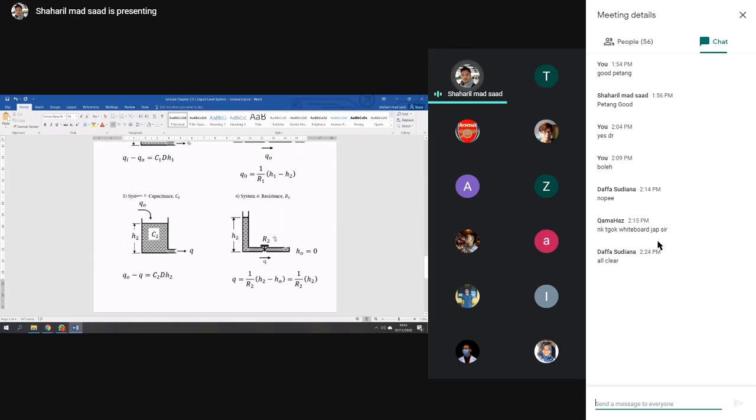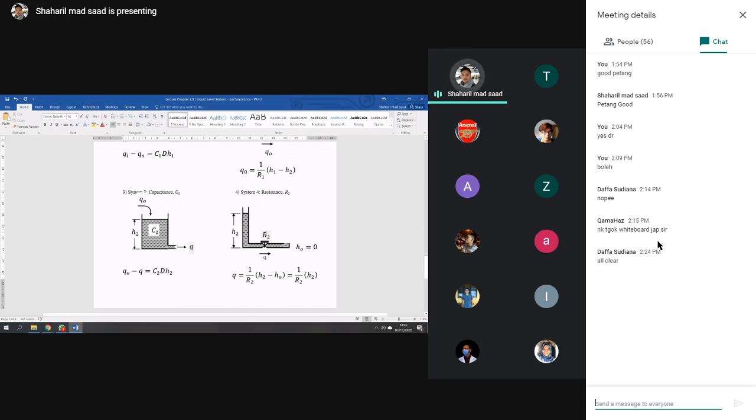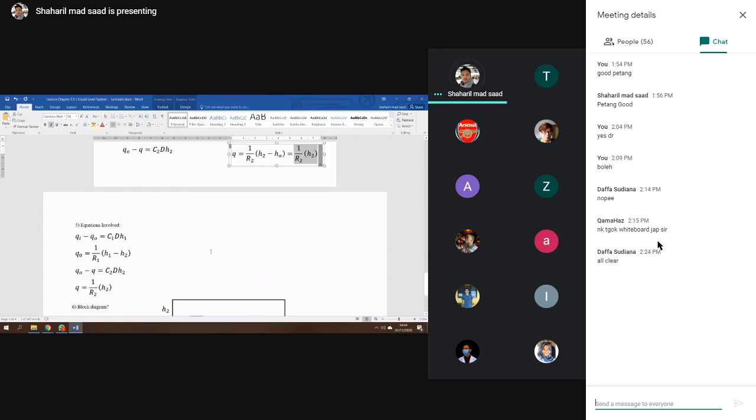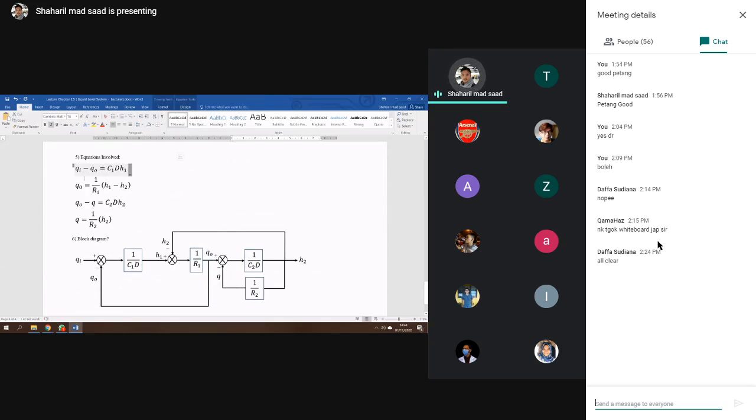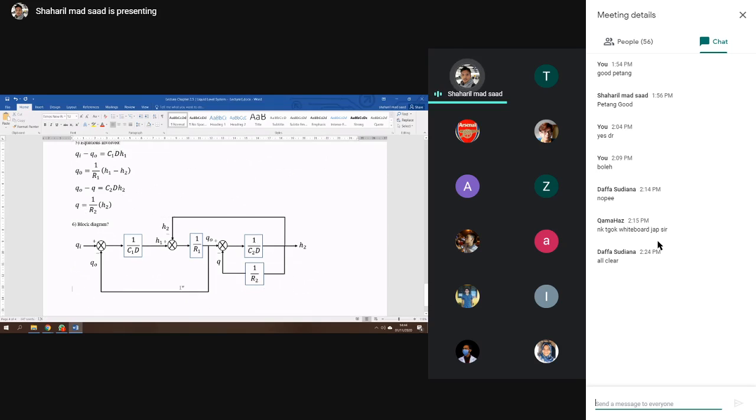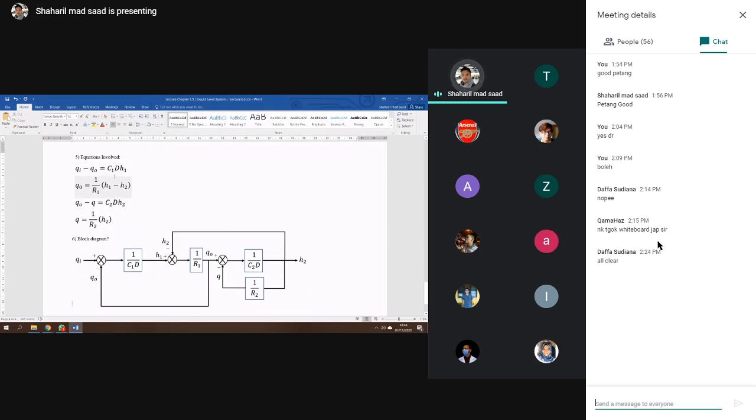So for the resistance R2, the flow rate going through R2 is Q, so Q equals 1 over R2 times H2 minus H0, and since H0 is 0, you have only 1 over R2 times H2. Okay, this is all the equations for this system, and then you can draw the block diagram based on the equations.